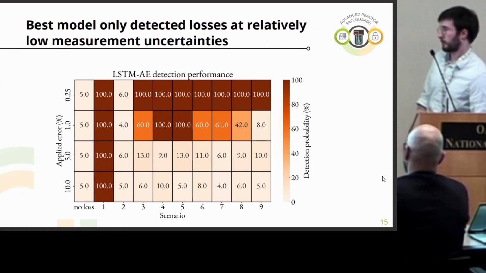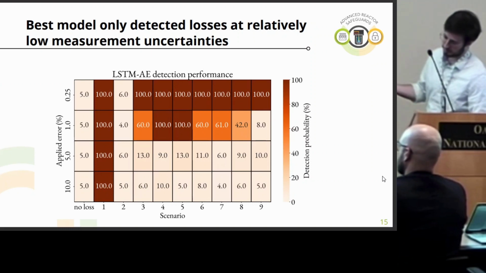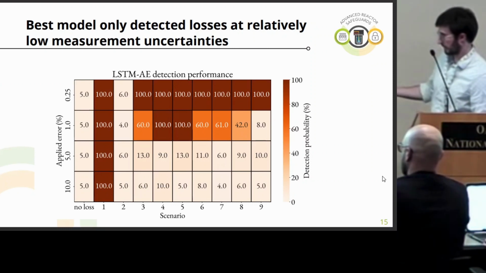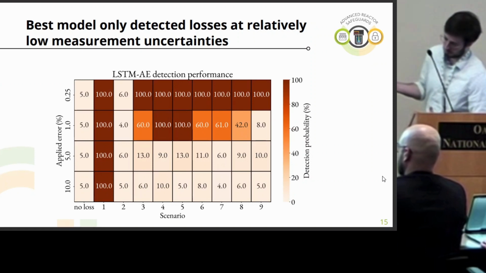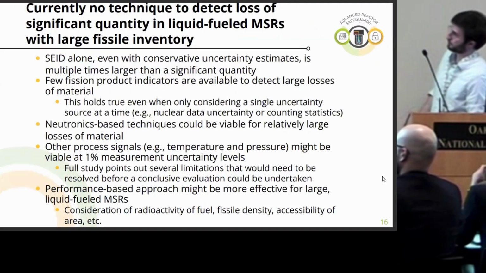You had to measure temperature and pressure within 1% or better accuracy to have a reasonable chance of detecting a lot of these different losses. If you had something as high as 5 or 10%, it was just measurement uncertainty, and a lot of these scenarios were just off the table.